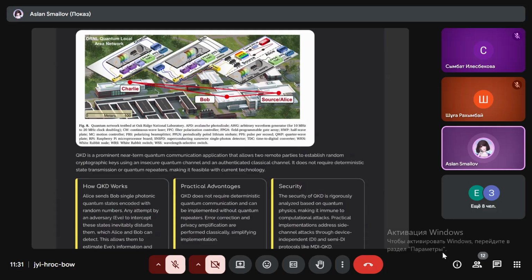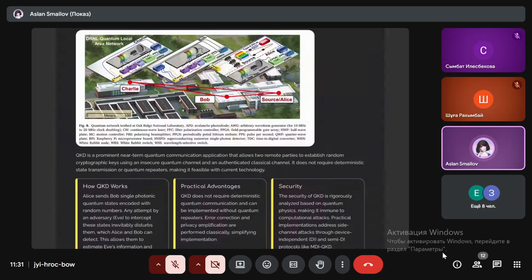Here is a picture which gives us some definition and understanding of the QKD and how it works.